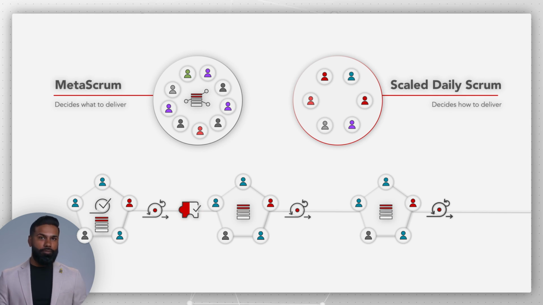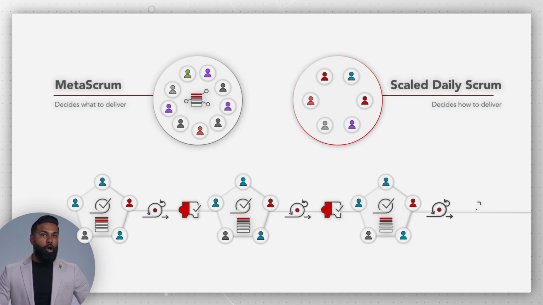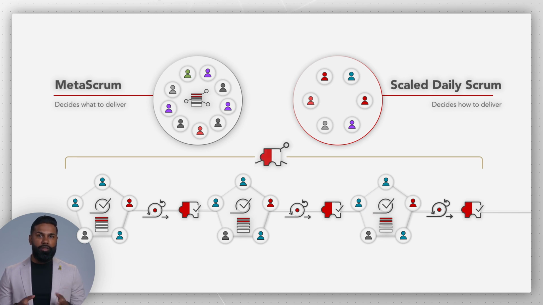So for example, in the scenario of 3 teams, the definition of done for Team 1 must match the definition of ready for Team 2. The definition of done for Team 2 must match the definition of ready for Team 3. All of it must coordinate with a shared definition of done for the integrated product. Leveraging the definitions of ready and done at scale can increase the efficiency of production and flow of value.